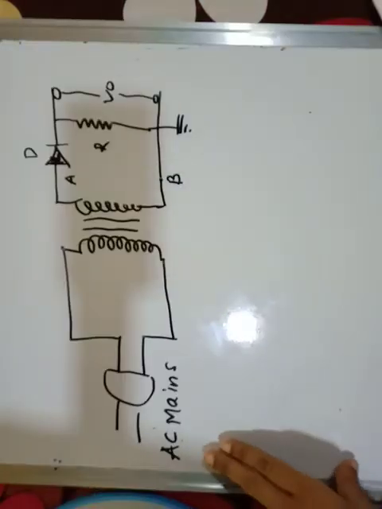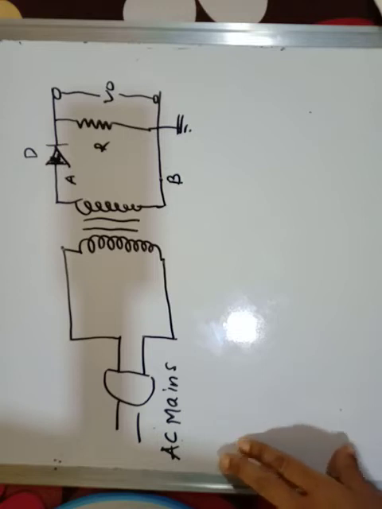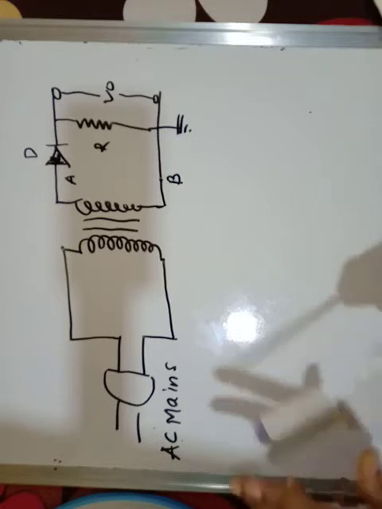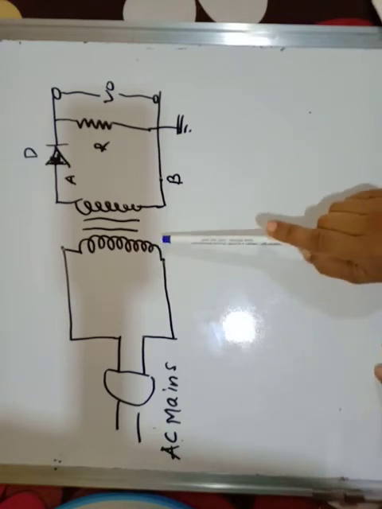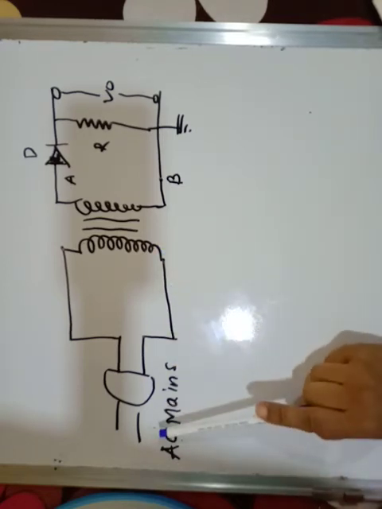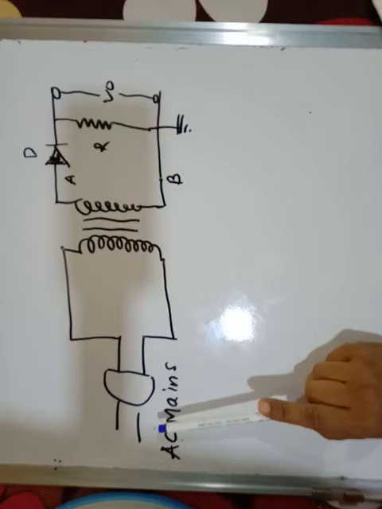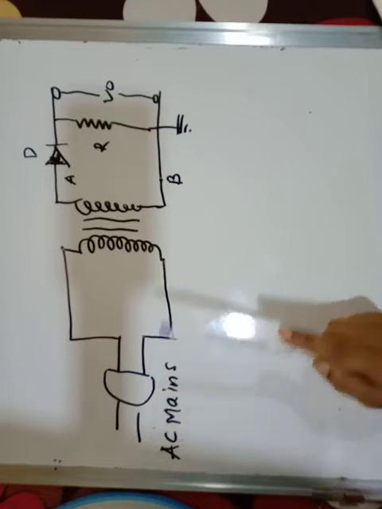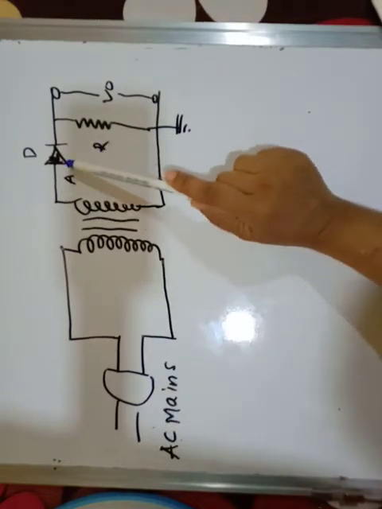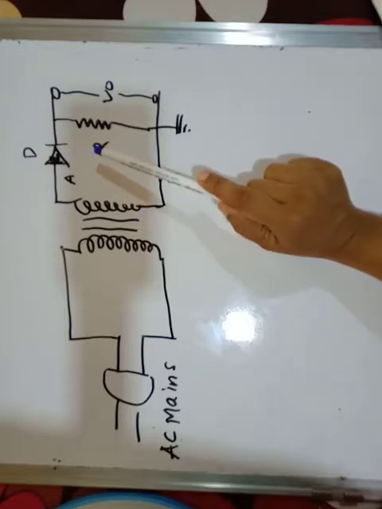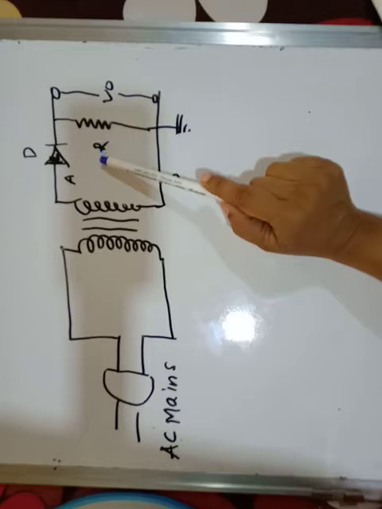As shown in this diagram, we have used a step down transformer. The step down transformer is connected to the AC mains supply, and a diode is connected in series with the resistance, or we can say the load RL.